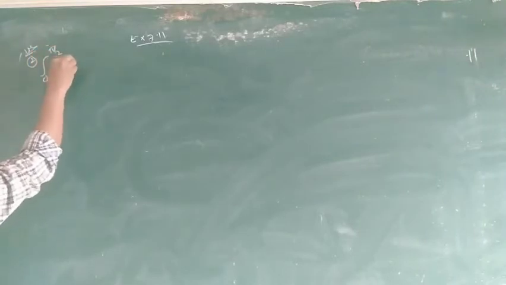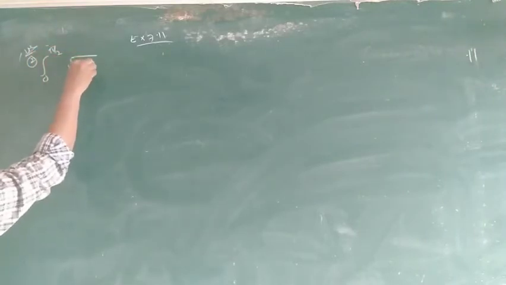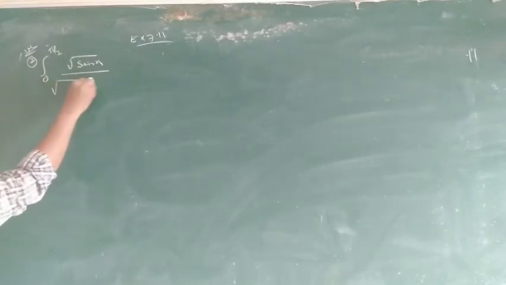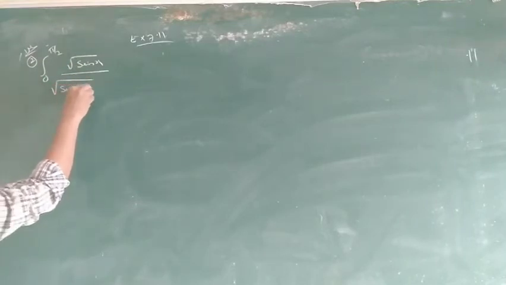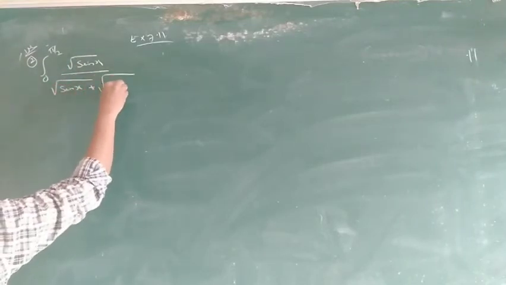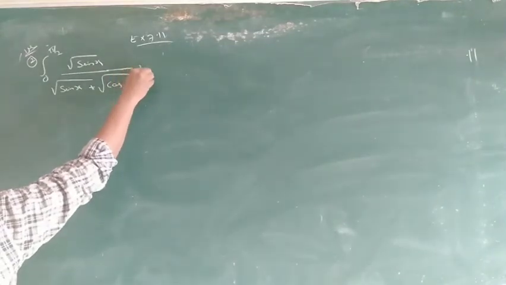Second problem, very important. Integral 0 to pi by 2 root sin x by root sin x plus root cos x dx.